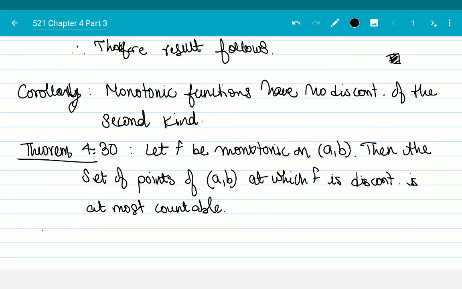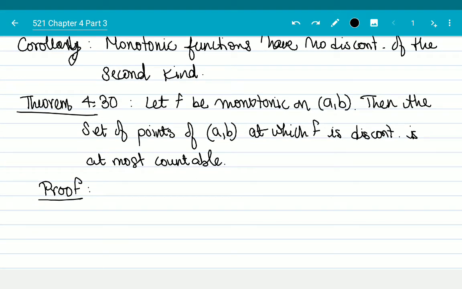Proof. So any monotonic function has at most countably many discontinuities. We are going to show the result for f increasing rather than f decreasing. It makes absolutely no difference. The proof is really similar, right?